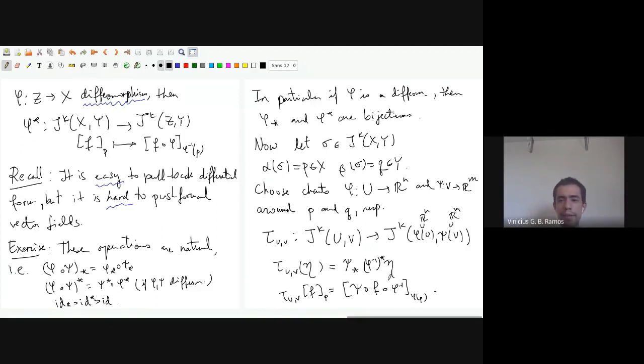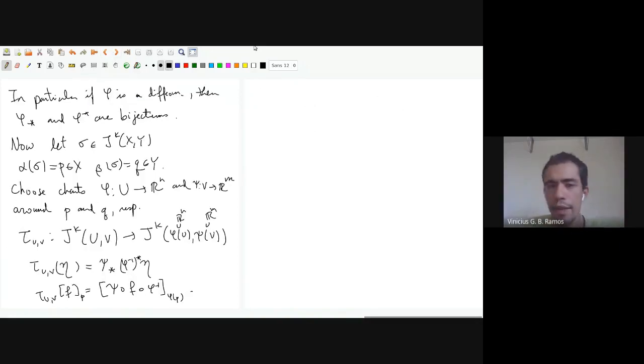Okay, and because these maps, phi and c, are diffeomorphisms onto their images, each of these two maps here, psi star and phi inverse star, are bijections. So that, in particular, tau of UV is a bijection.